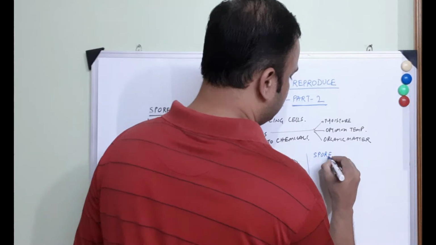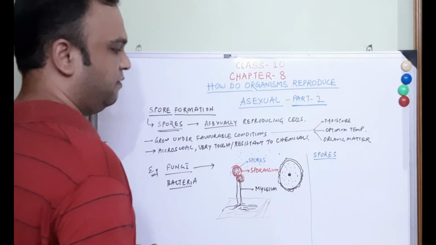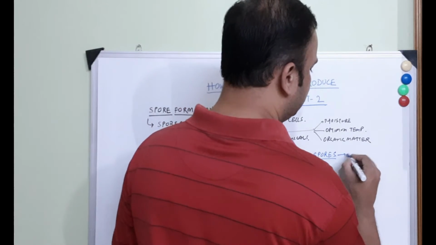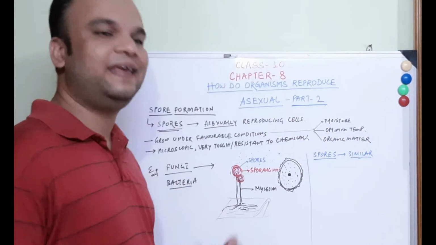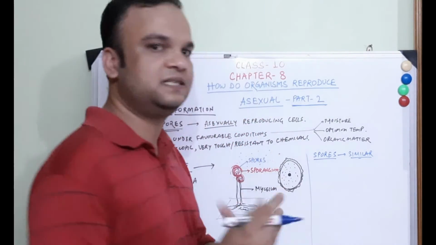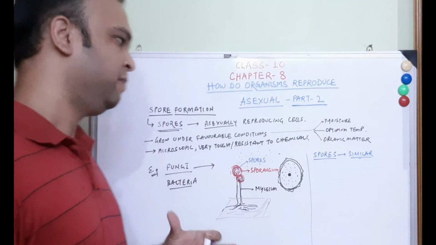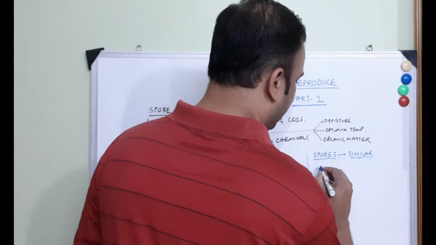All these spores which are produced by a particular fungus will be similar, right? So they will not have any kind of variation. When they do not have any variation, all these spores will produce the same kind of organism. Okay, and the nature of these spores can be both haploid and diploid.